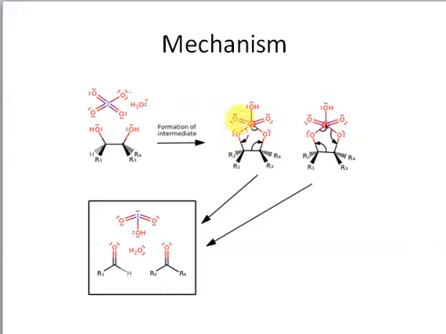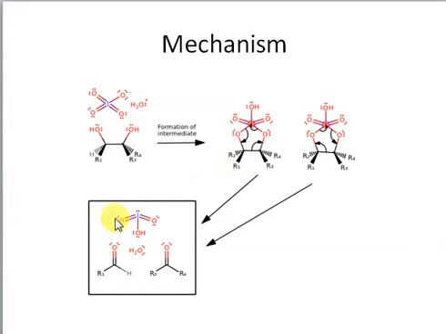You can see that, right? As a result, iodine is now in oxidation state of 5. So there's a change in oxidation state of iodine. Previously the oxidation state of iodine was 7 in the reactant and in the intermediate as well.